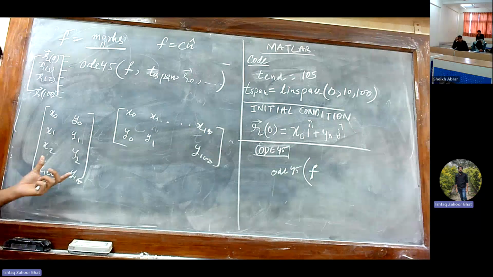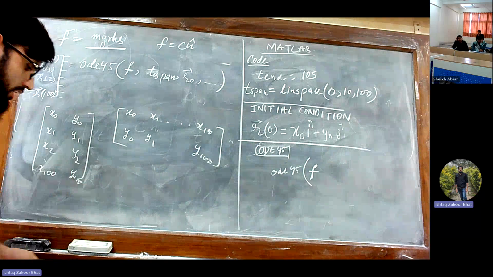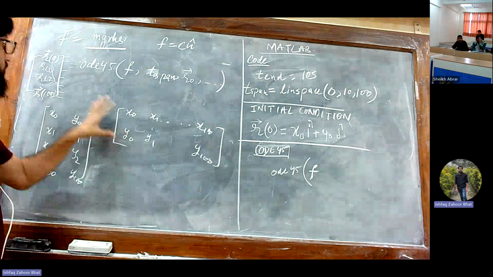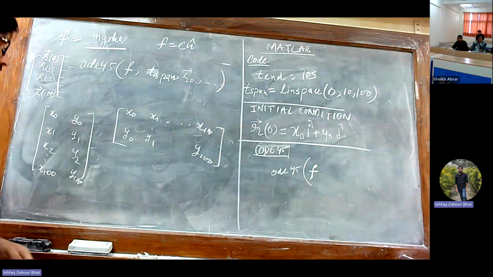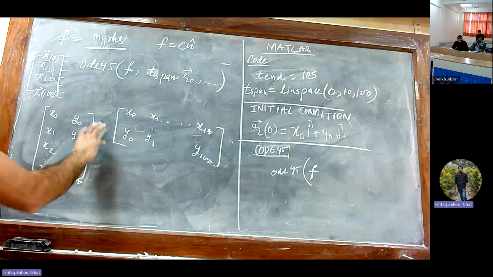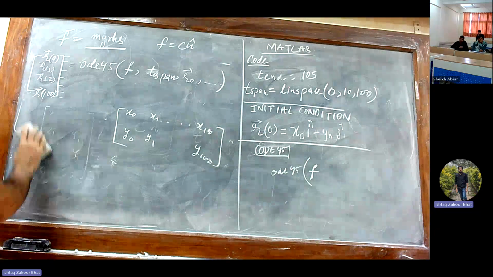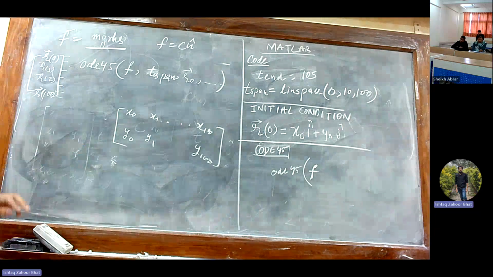It doesn't matter whether it returns like this or this; it depends upon the coding. I will show you. In my case, it will return like this. So ODE45 will give us this matrix. Okay, let us consider that it is giving us this matrix.